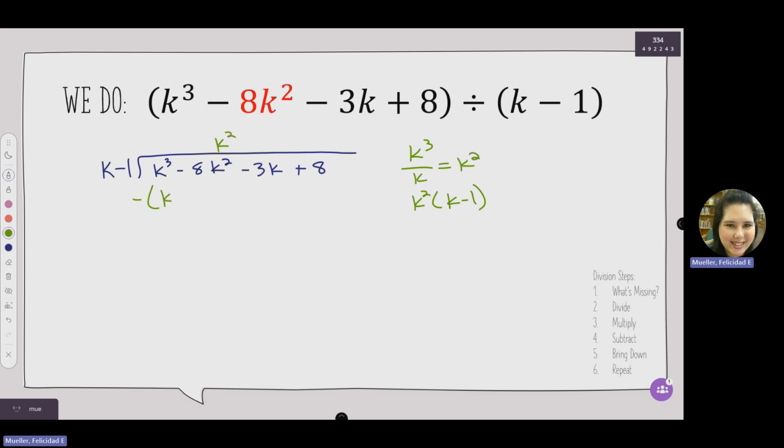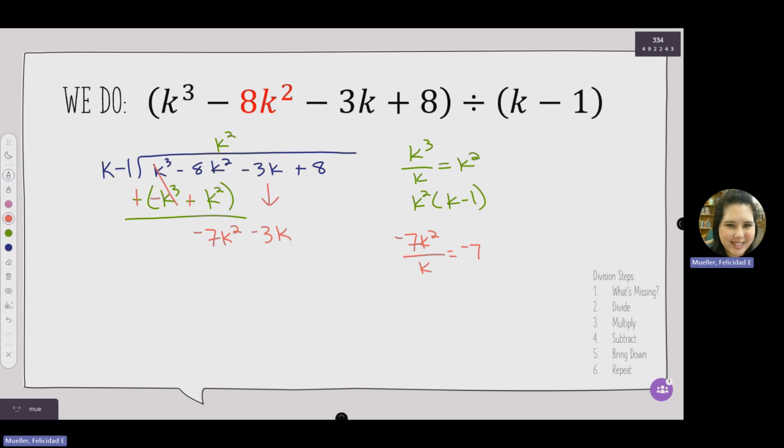So we're going to get k cubed minus k squared. I'm going to flip my signs. And our k cubes cancel out. -8 plus 1 is going to be -7k squared. Bring down the -3k. So now we do -7k squared over k.